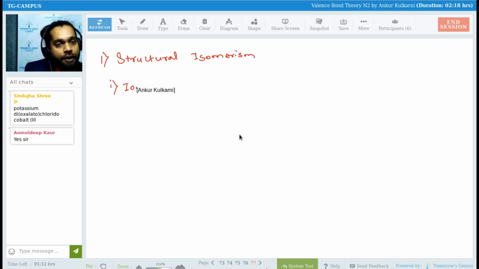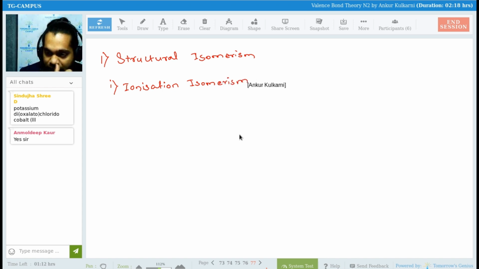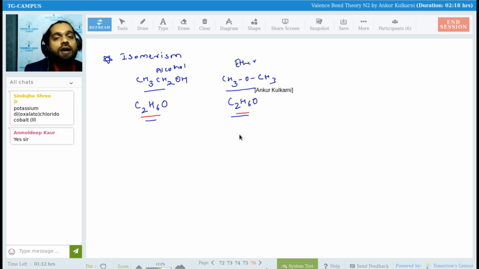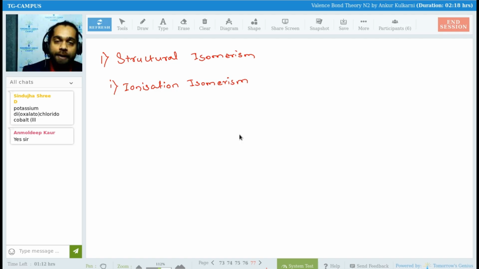In structural isomerism, the first one is ionization isomerism. As the word says, something related to ionization. Just like over here we had 2 structures to compare the isomerism, we have to see 2 compounds to compare the isomerism.